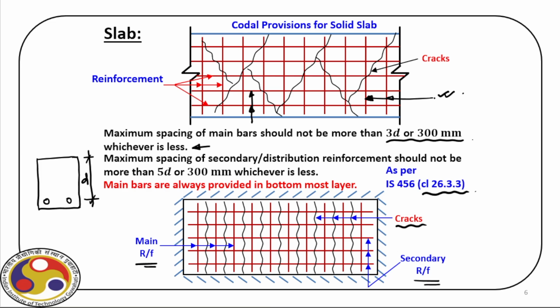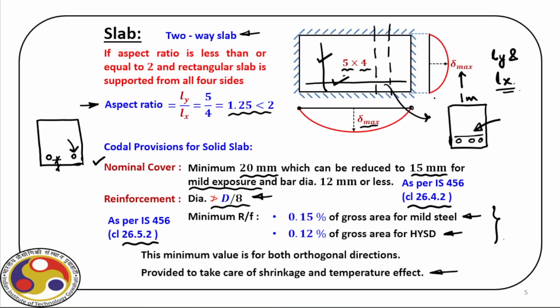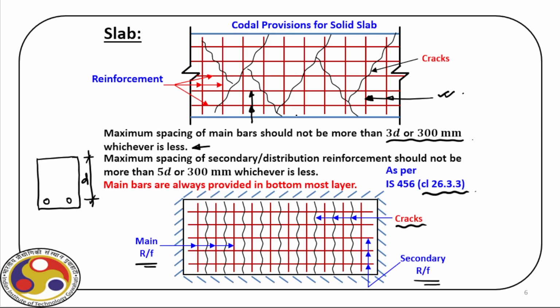Then we have some minimum reinforcement requirement. Then the diameter of the reinforcement is also restricted here, and obviously the maximum spacing of both the main bar and the secondary reinforcement.